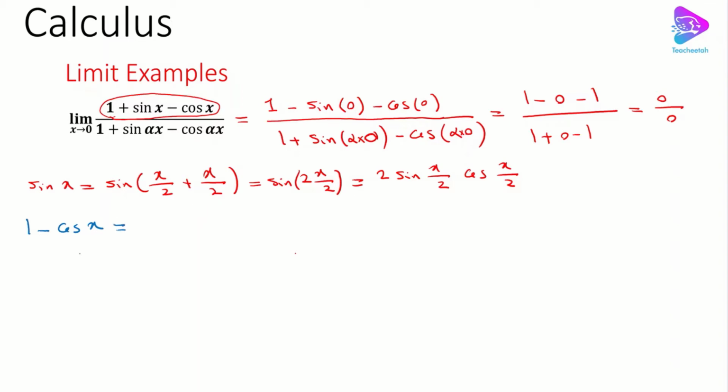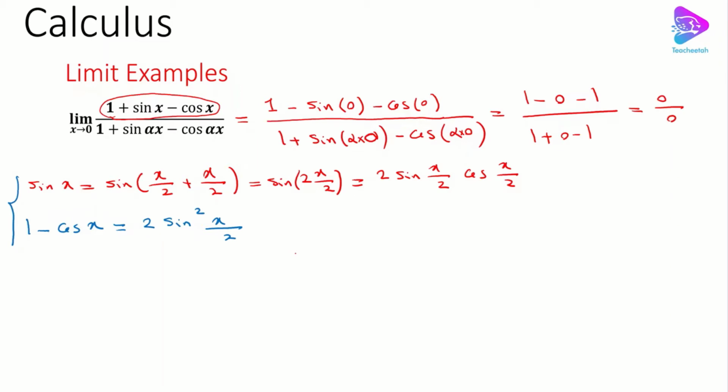Therefore, 1 minus cos x is 2 sine squared x over 2, and the same thing can be written for 1 minus cos alpha x, which will generate 2 sine squared alpha x over 2. Okay, so that being said, we can plug in the new forms that we have for each of these terms in the limit, and then start solving the limit again.